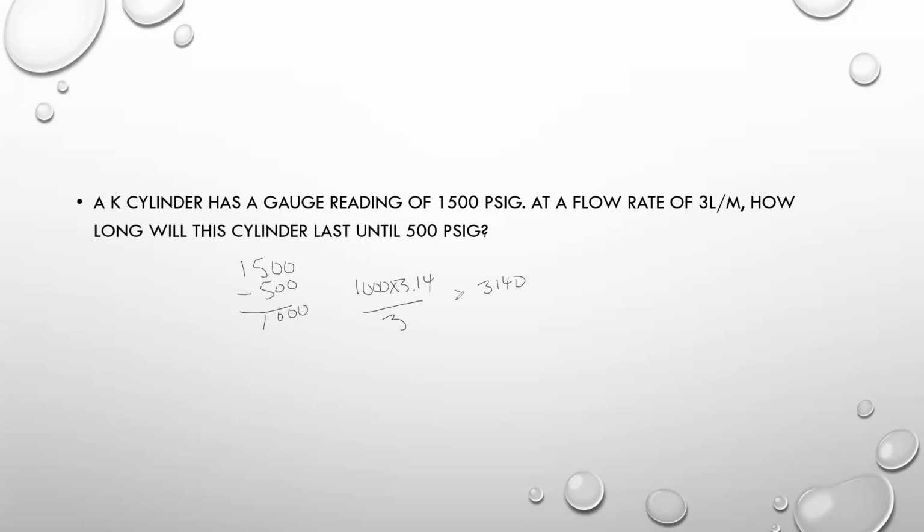So this becomes 3,140 divided by 3. That's going to give us 1,046.67 minutes. And you want to divide that by 60, and that'll give you 17.44 hours.